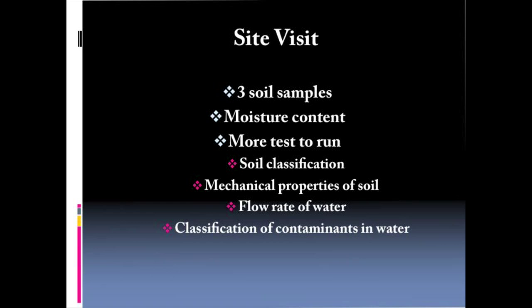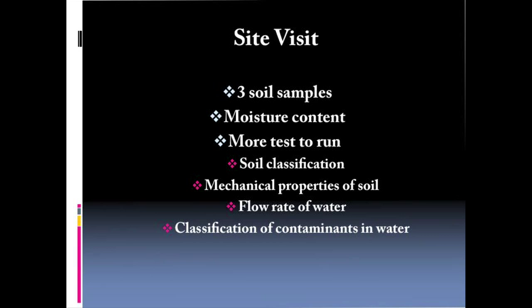If we know the type of soil, then we're going to design so many parameters to get us to be feasible with the soil classification. We're also going to look into the mechanical properties of the soil. Once we've classified the soil, we're going to have to look into the strength of the soil. Maybe the permeability of the soil as well.